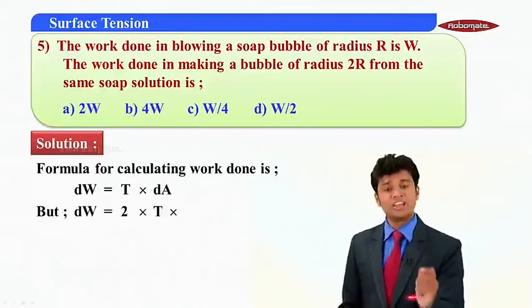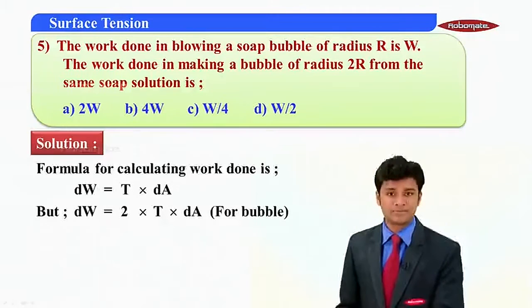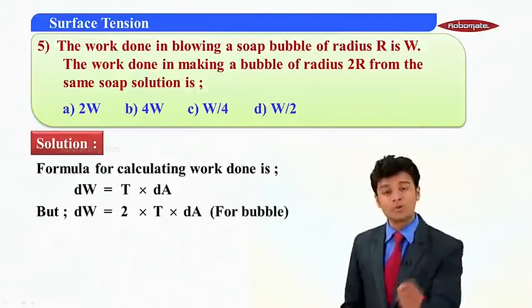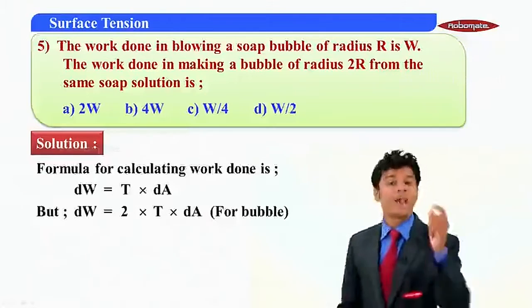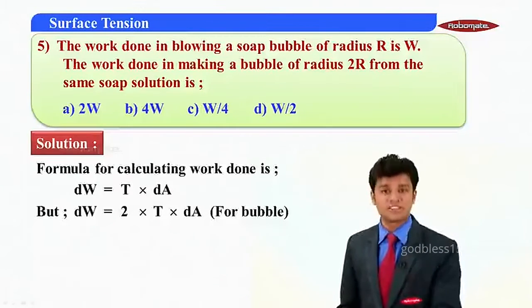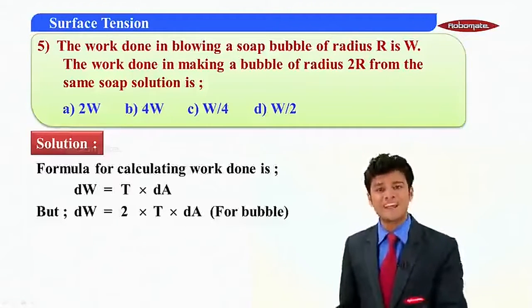Initially the soap bubble was of radius capital R. Now dW = 2 T dA. You must be wondering why I wrote that 2 there. I wrote it because a bubble has 2 free surfaces, one outside exposed to air and one inside exposed to air.